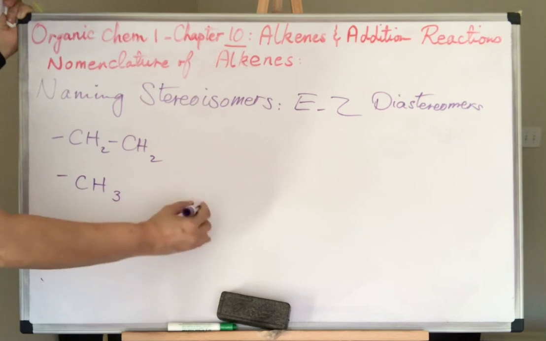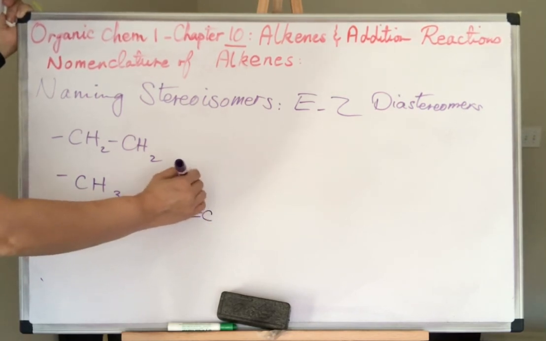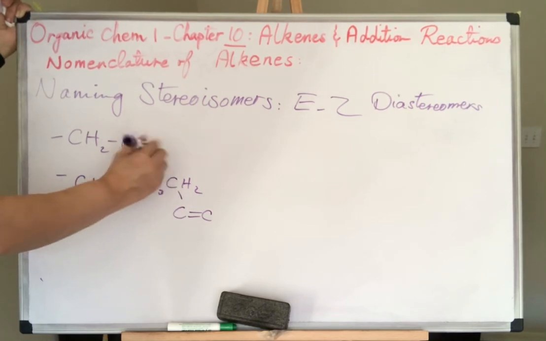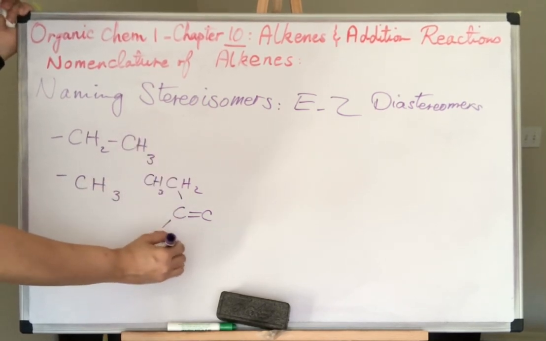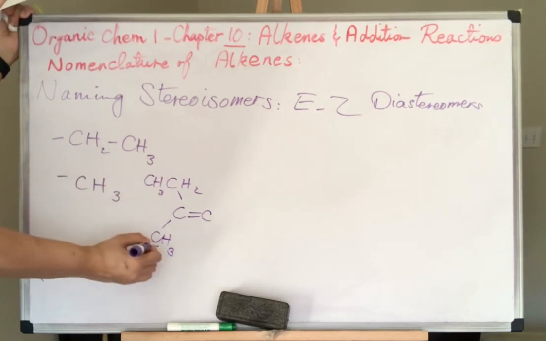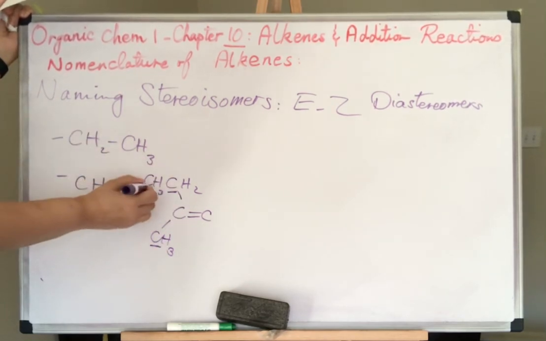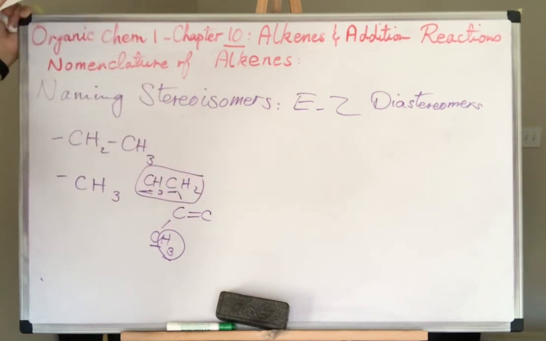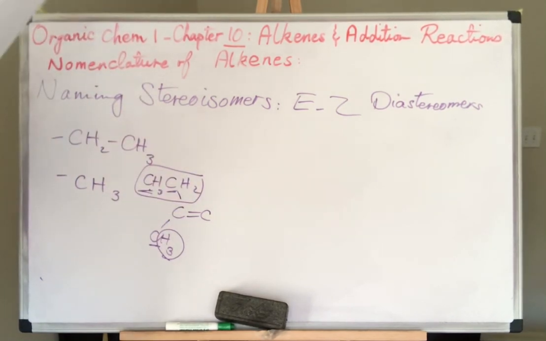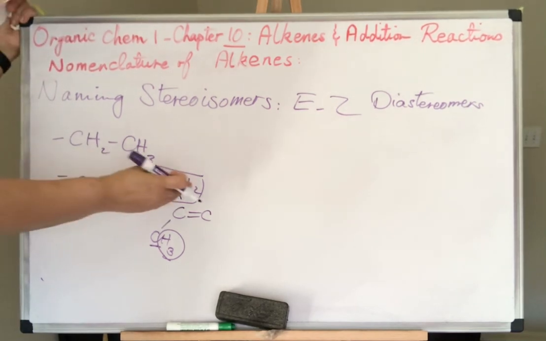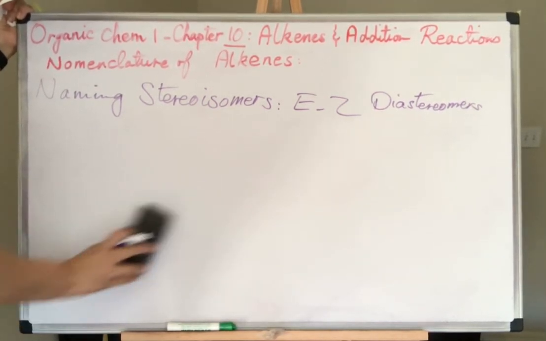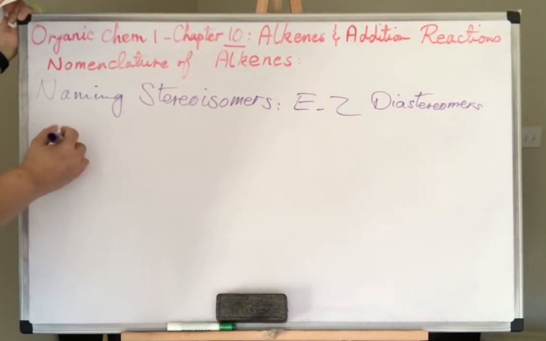Let's say carbon is CH2, CH3, and here you have CH3. So which one has priority? Carbon, carbon. Another carbon, but 3 hydrogens. So this group has priority. The same thing for the rest of the groups. So you go further and further until you find the difference. And finally, the rule number 3.